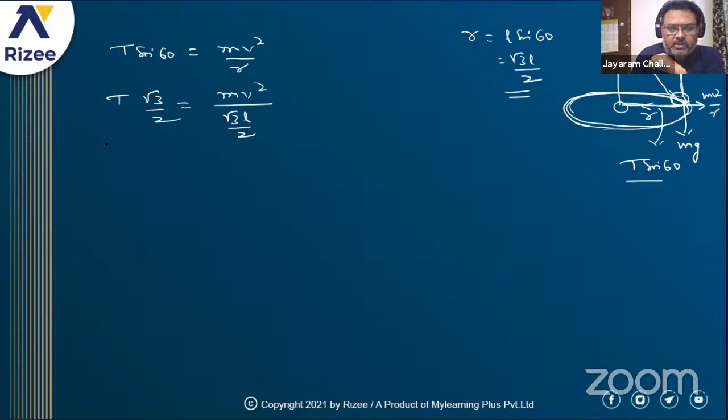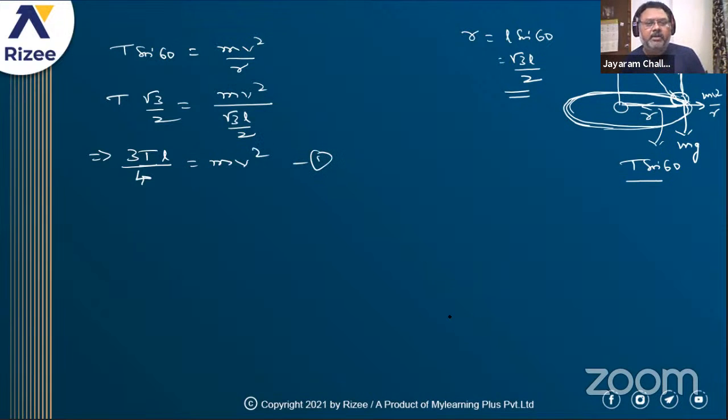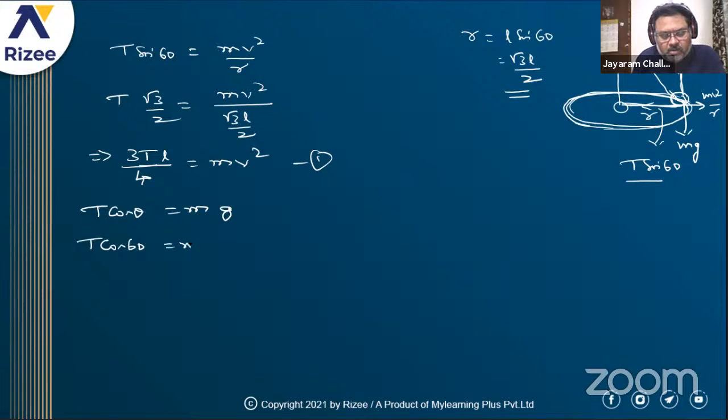So from this relationship, you can write it as 3T by 4L is equal to mv square. So first one I have got something. Next, T cos theta is equal to mg. T cos 60 is equal to mg, in the sense T is equal to 2mg.